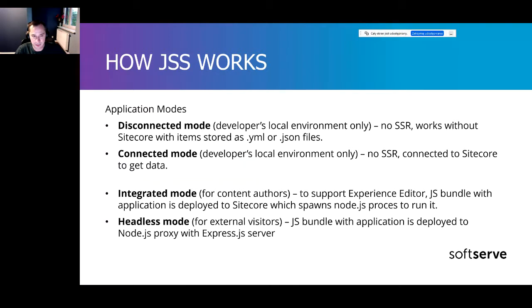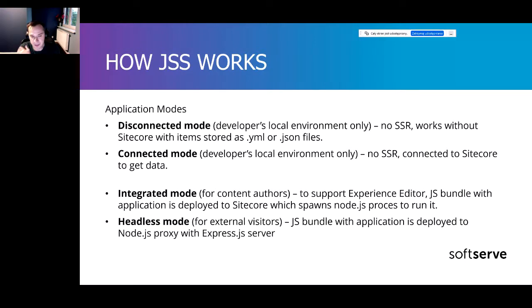In this mode, there is no server-side rendering. This is what I mentioned at the beginning. You don't need Sitecore to work in this mode. You have all your items serialized as YAML or JSON files. But we don't use this mode, because we have Storybook.